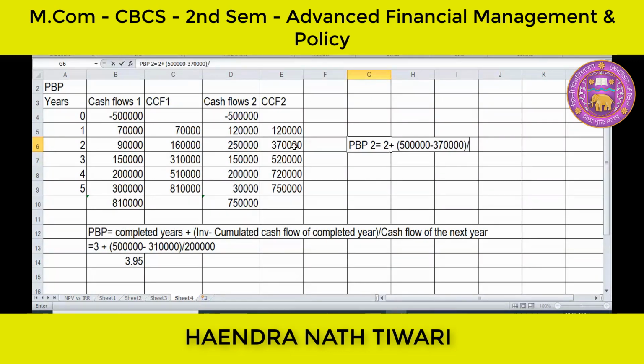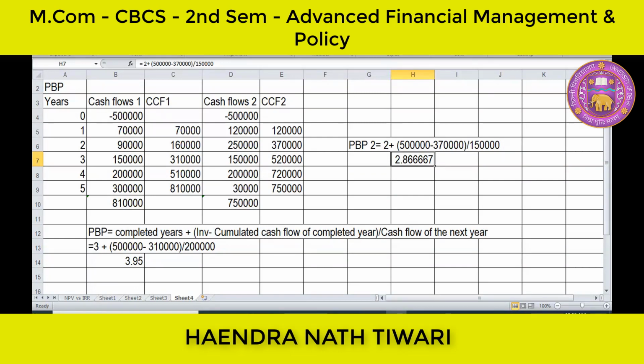Divided by how much is the amount that is occurring in the year 3. In year 3, it is 1,50,000 which is occurring. So this should be my payback period, which is 2.86 years.